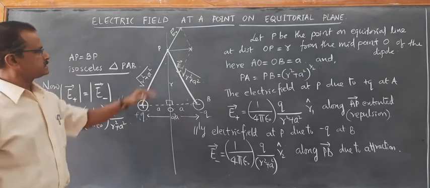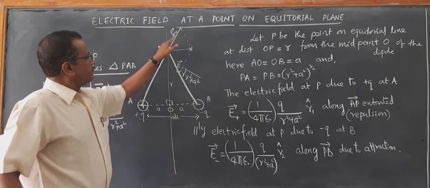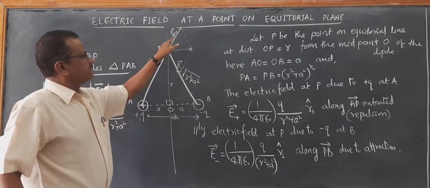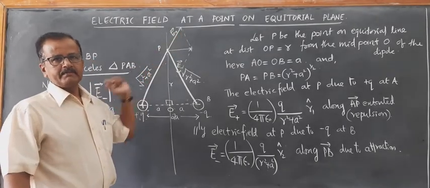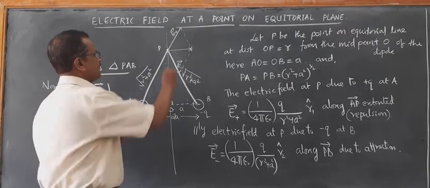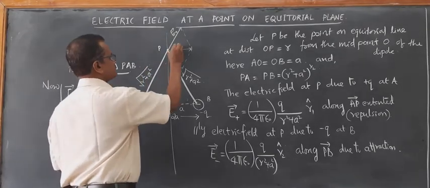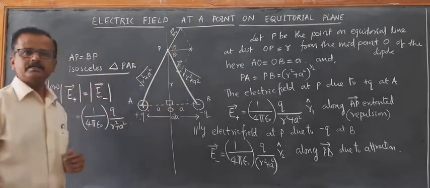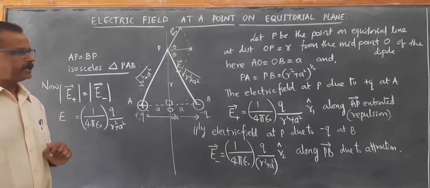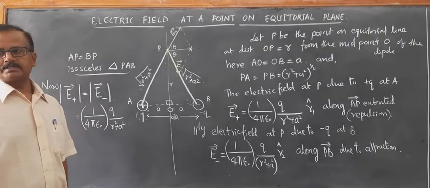And definitely this resultant is bisecting the angle between the E plus vector and E minus vector. If this angle is, let us say, 2 theta, then these two angles are the same, theta and theta. This is one way.